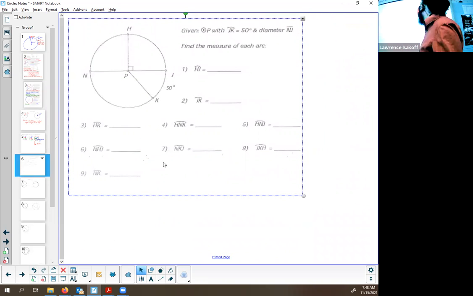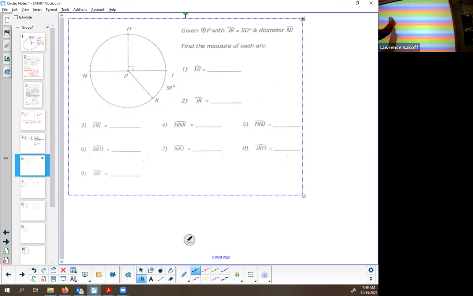So here with this, all I know is the lines that look like diameters are diameters. And I know that this is 50 degrees right here. And I know that this is a right angle, so that makes that 90. So the first thing I want is HJ.